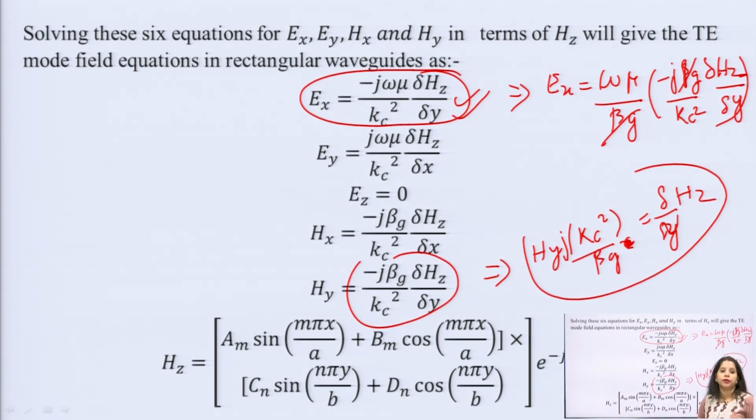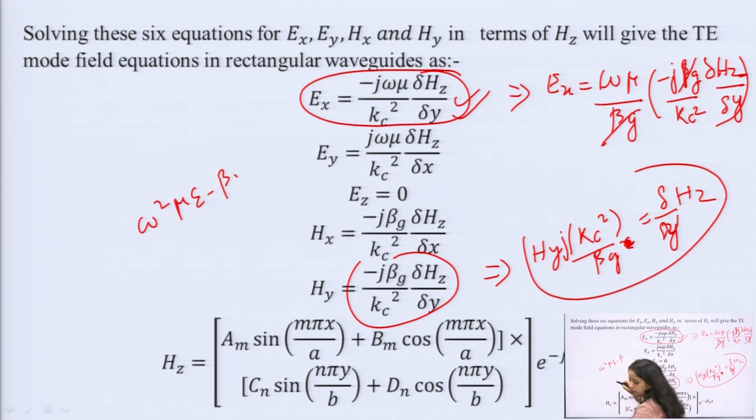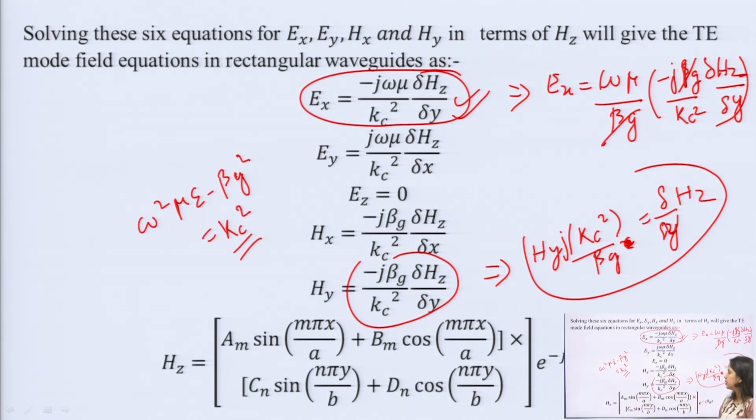And always try to remember that omega square mu epsilon minus beta g square is equal to Kc square. So, replace it and you are able to get this, and Hz is also already available with us.